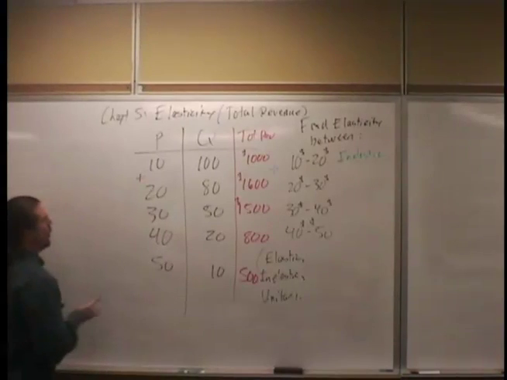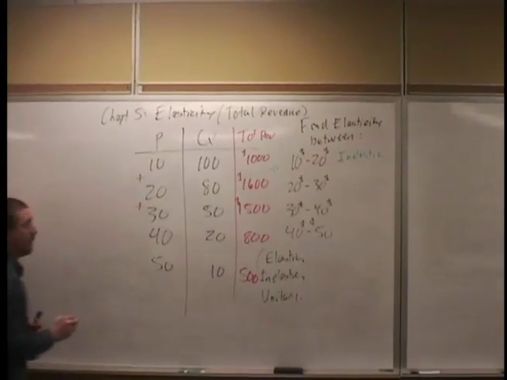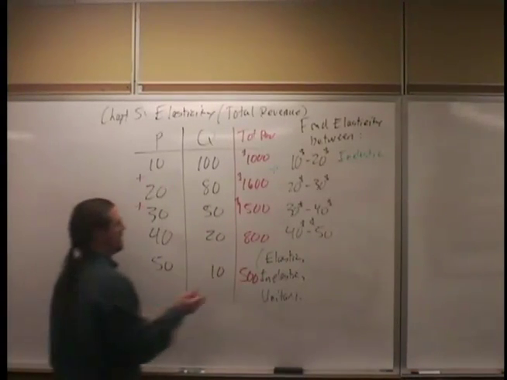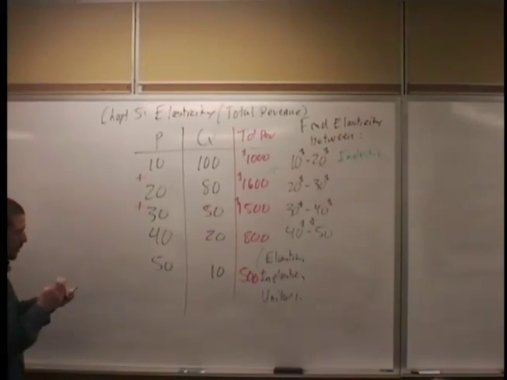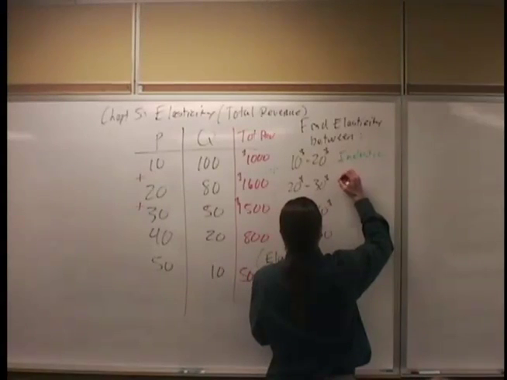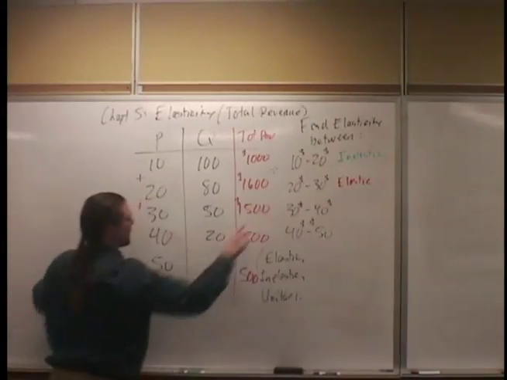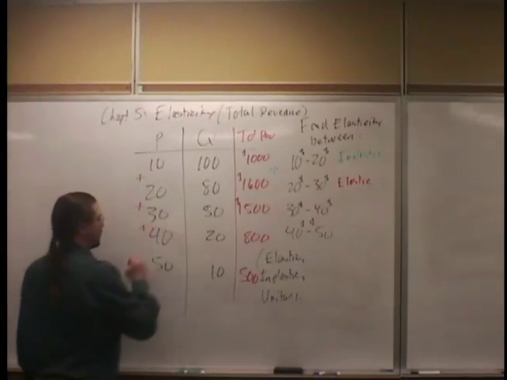So, when the price went from $20 to $30, what happened to the price? What happened to total revenue this time? Went down. So it is switched. We have become elastic, because these two signs are different. Right? One's going one way, the other is going the other. From $30 to $40, we are still going up.